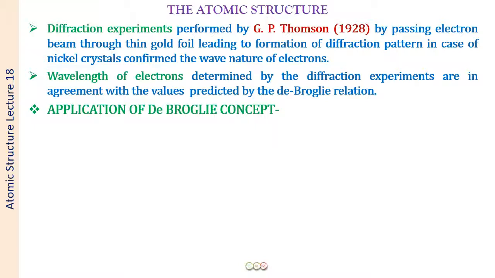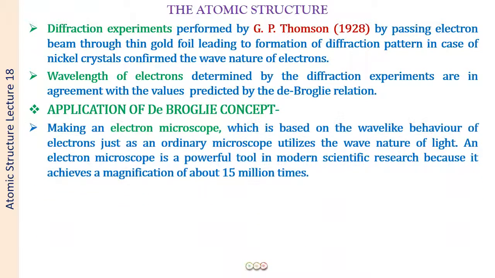Now, where do we apply this de Broglie concept? Well, this was applied in the manufacturing of the electron microscope. The electron microscope is based on the wave-like behavior of electrons, just like an ordinary microscope utilizes the wave nature of light.